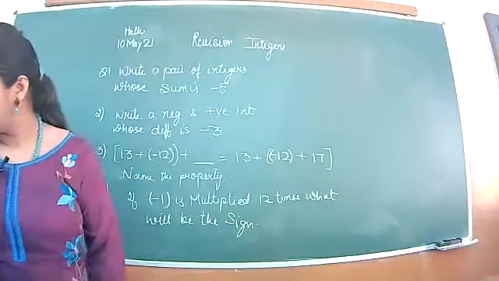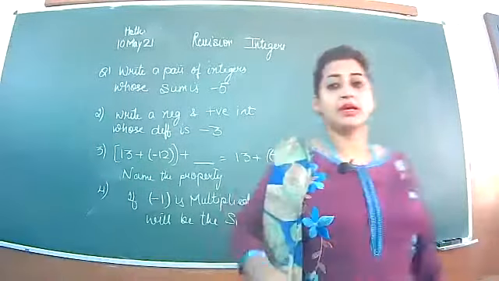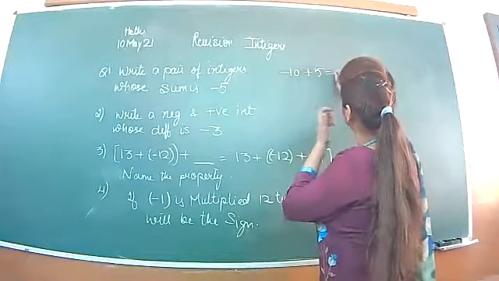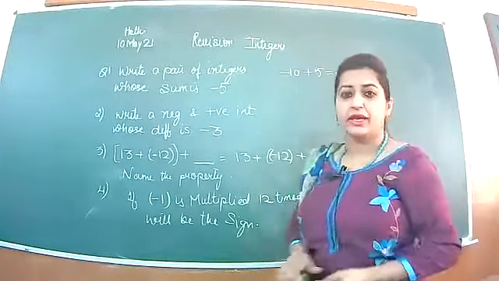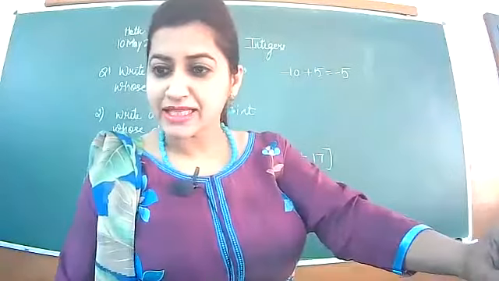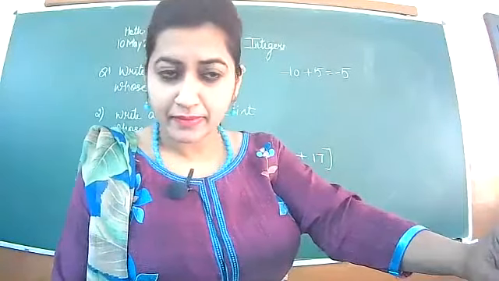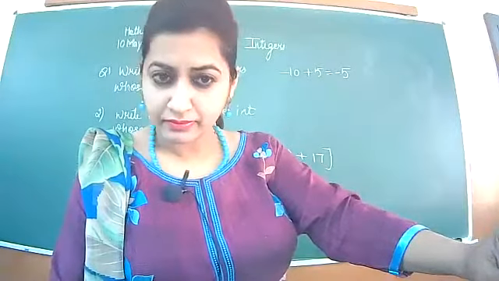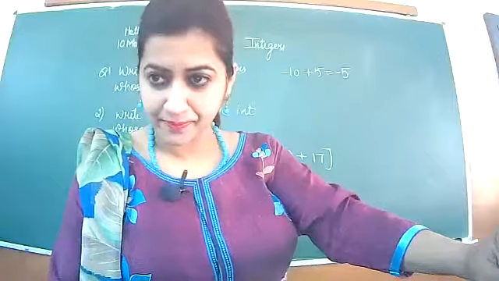Yes, okay. First pair is -10 plus 5, that is giving you -5. Yes, one more pair. Yes, Rihanika. Ma'am, another pair is -15 plus 10. Okay, good.